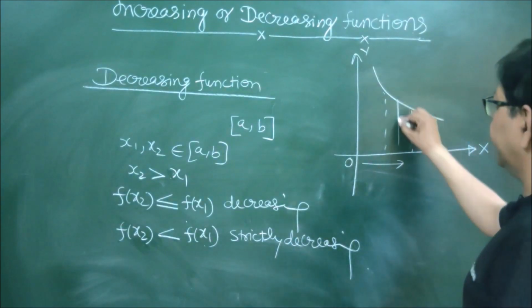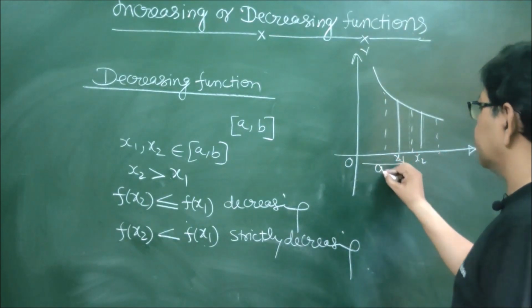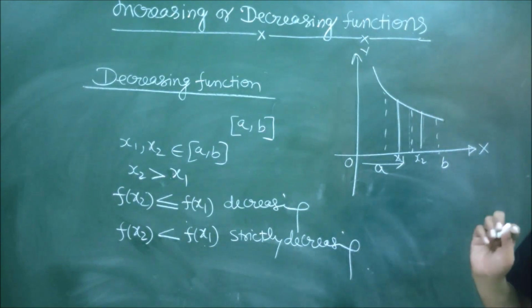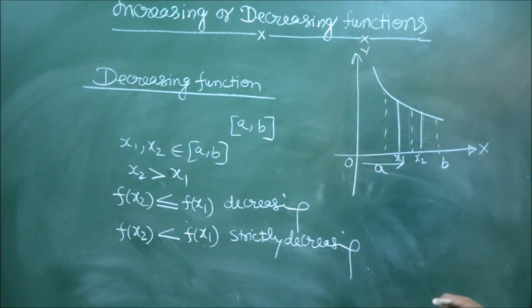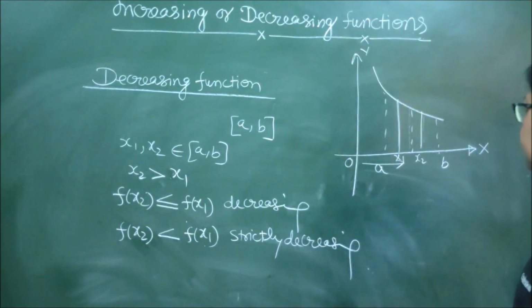So if we consider any 2 points, let it be x1 here, x2 here in the interval a comma b, then the value of f(x2) is less than f(x1). So it's simply only less than f(x1), then it is strictly decreasing.